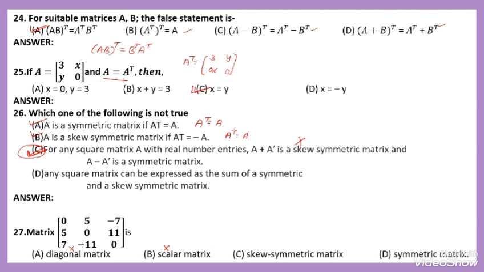It should be a skew symmetric matrix because the non-diagonal elements, the values, are taken as negative: minus 5, minus 7, 5, 0, 11. While taking the transpose matrix, the result should be minus A transpose. That's why this is the skew symmetric matrix.